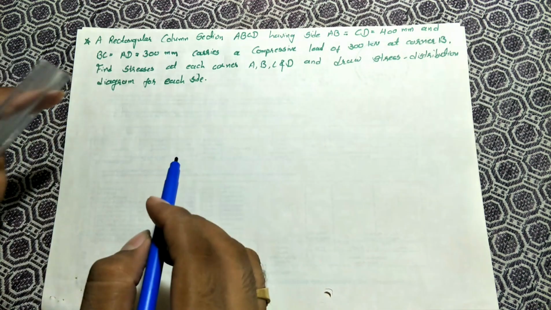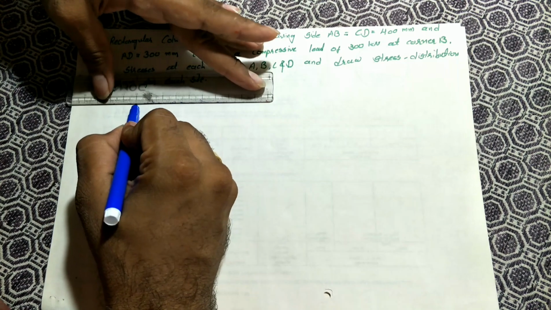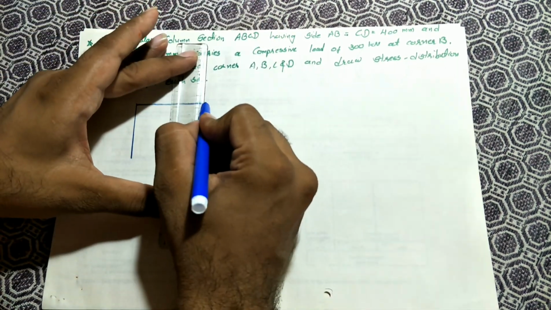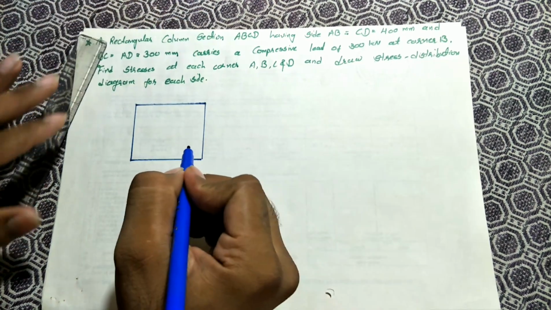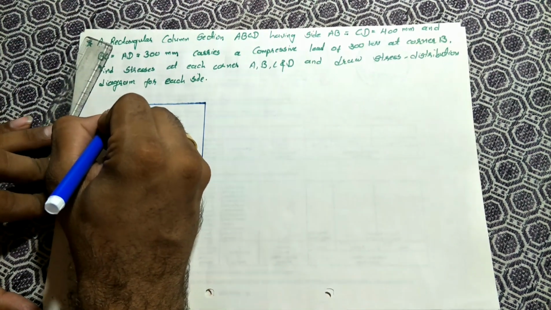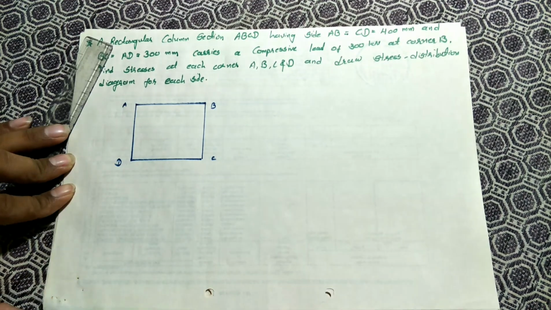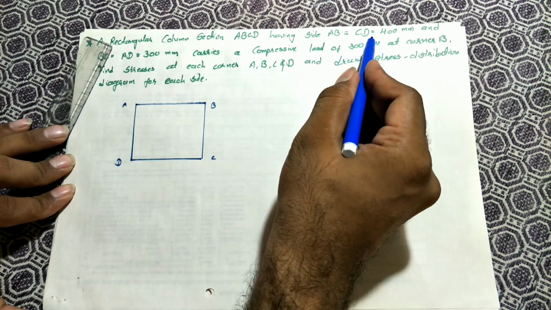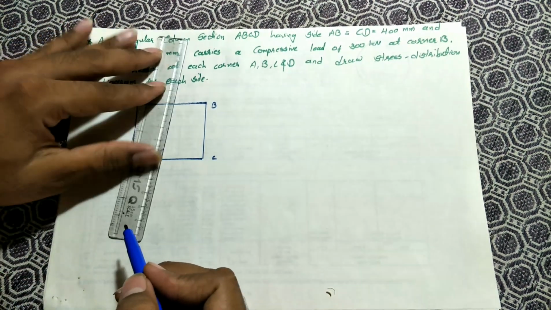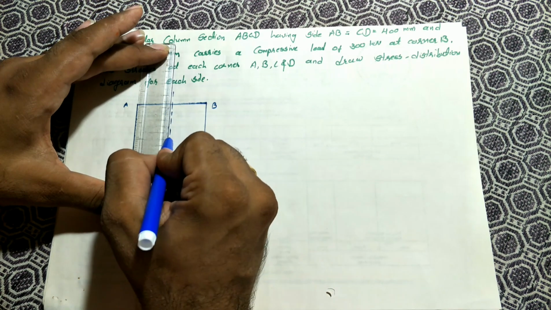So we have a rectangular section, so let us draw a rectangular section for the same. So this is our rectangular section with A, B, C and D edges, where AB equals CD equals 400. Let us draw an axis of this.